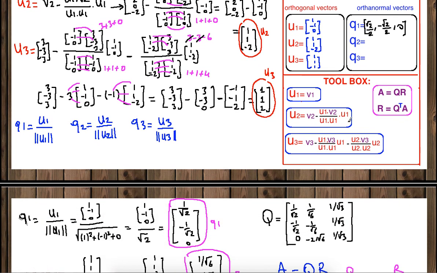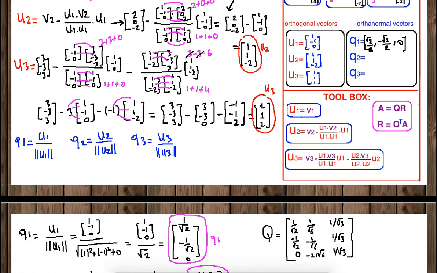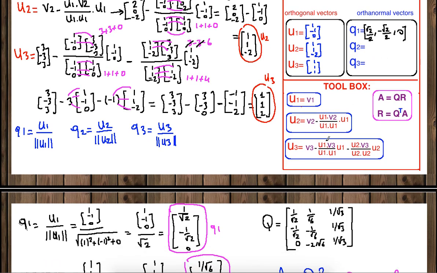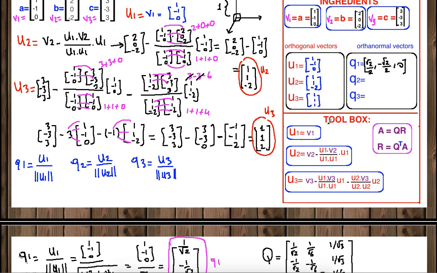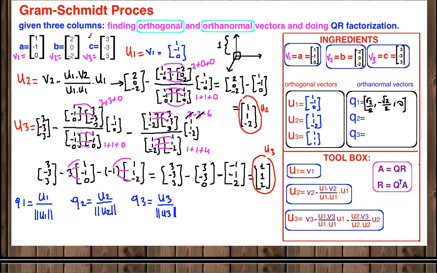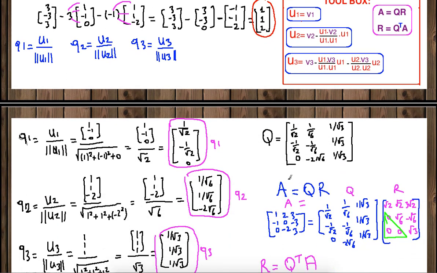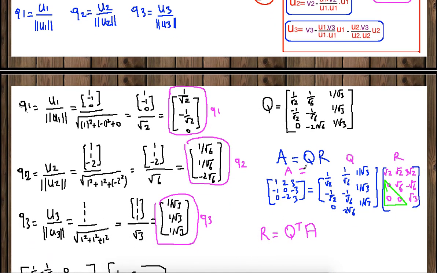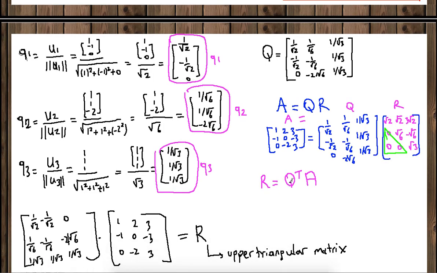And we make our matrix Q with these Q1, Q2, and Q3 orthonormal vectors. And our matrix A is built by the first given columns. And matrix A is given by Q times R. R is the upper triangular matrix. Or you can find R by Q transpose times A.